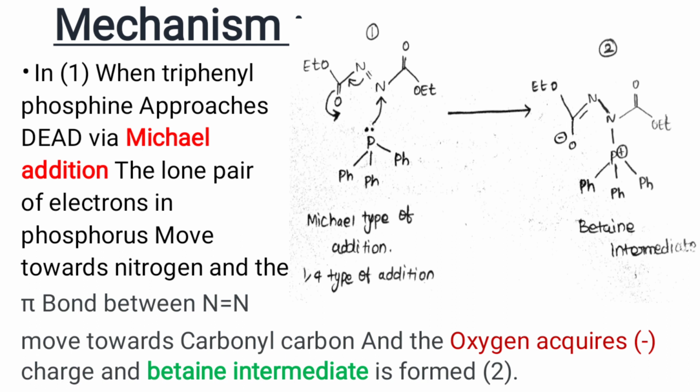The lone pair of electrons approaches the nitrogen and the pi bond between nitrogen and nitrogen moves towards the carbonyl carbon, and the oxygen acquires a negative charge, resulting in the formation of a betaine or ylide intermediate. In betaine, the phosphorus has the positive charge because it donates a pair of electrons, and oxygen has a negative charge because it receives a pair of electrons.